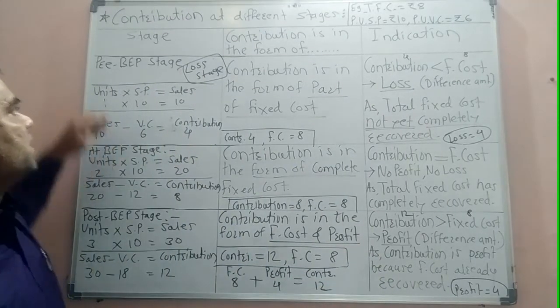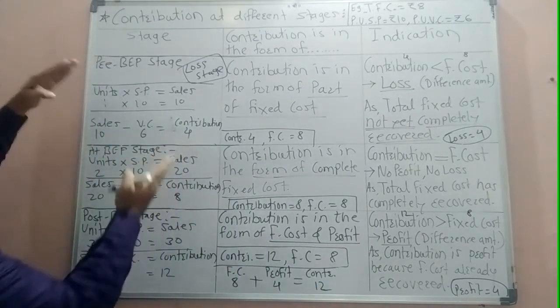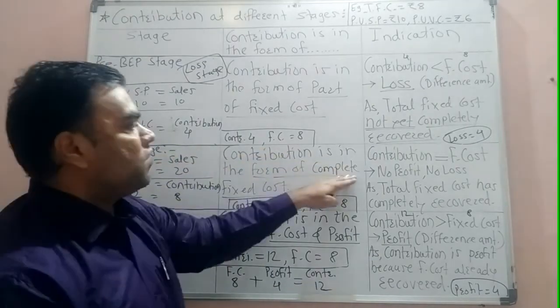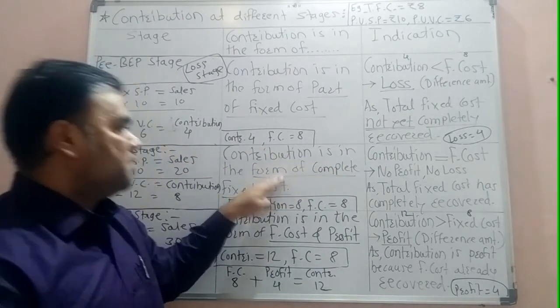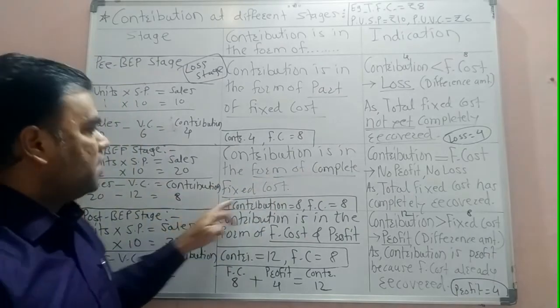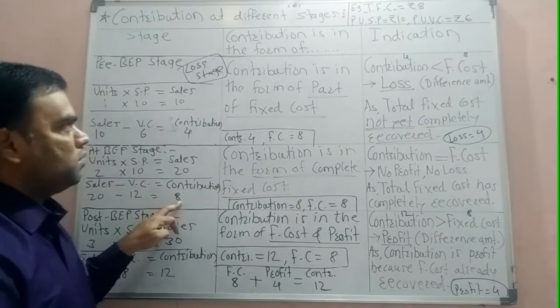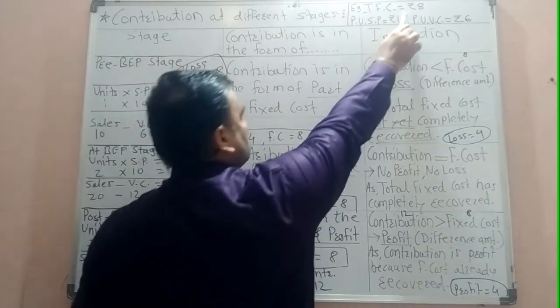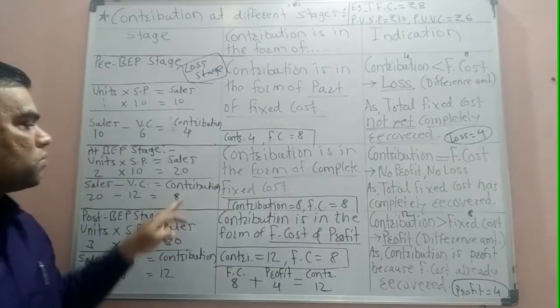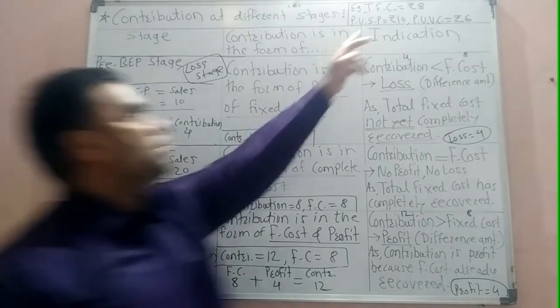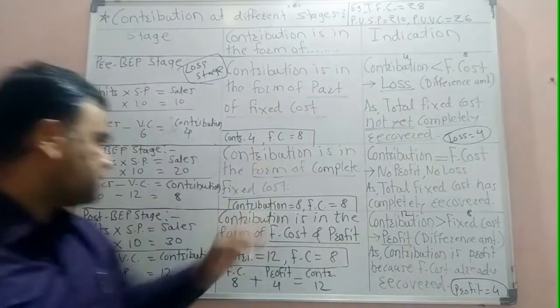Before the BEP stage we get loss, then in the second stage, at the BEP stage, we completely recover our total fixed cost. Our total contribution becomes exactly equal to our total fixed cost. Total contribution is 8 and total fixed cost is also 8, so the contribution was utilized to recover our total fixed cost of rupees 8.